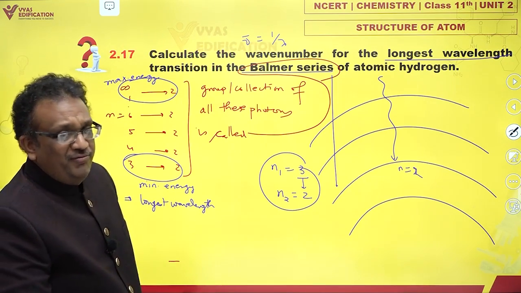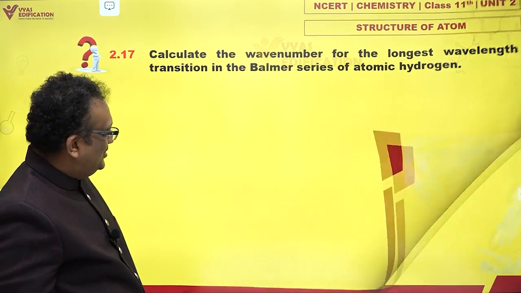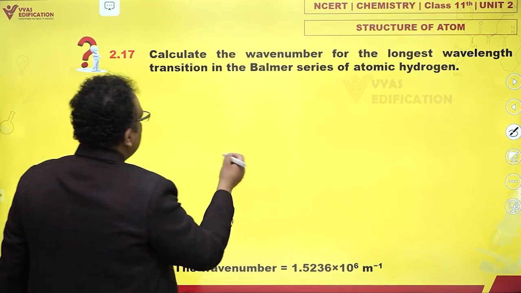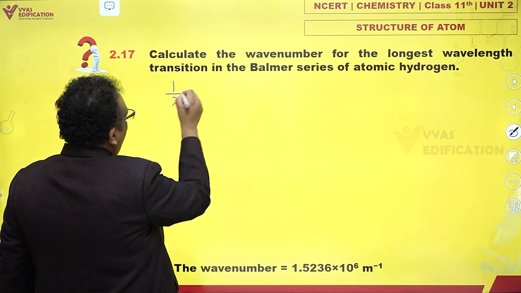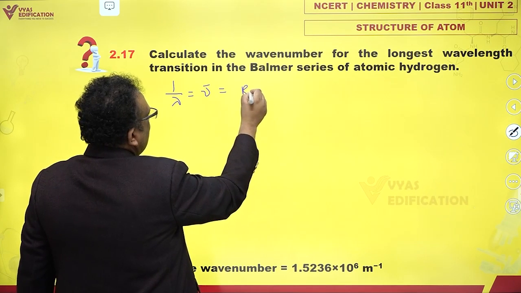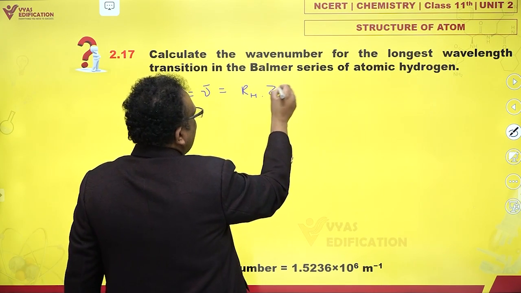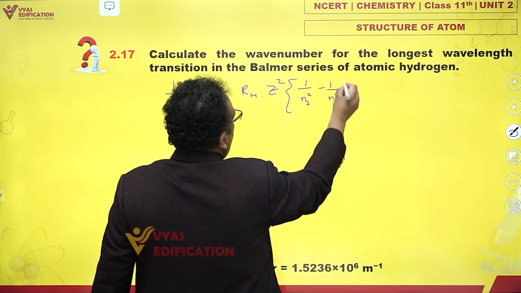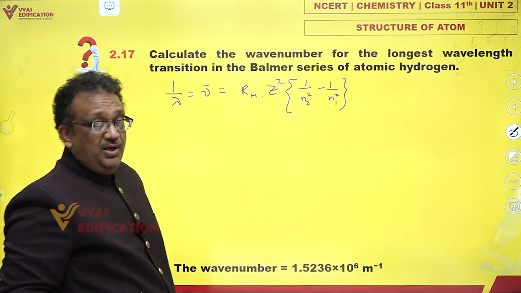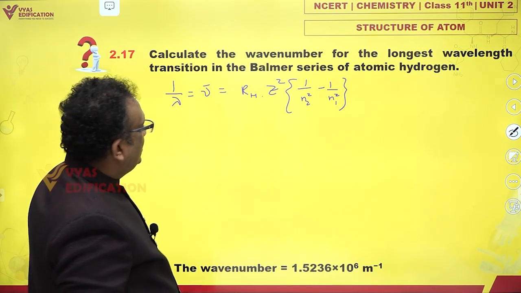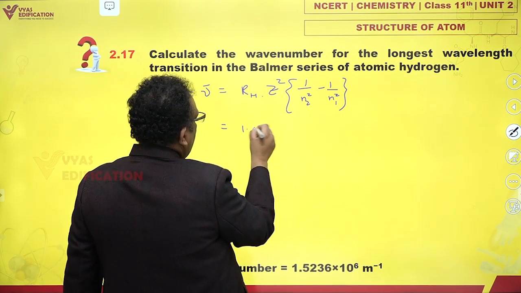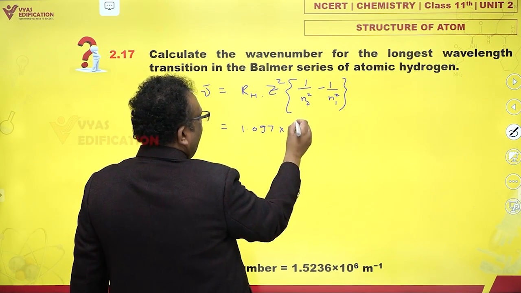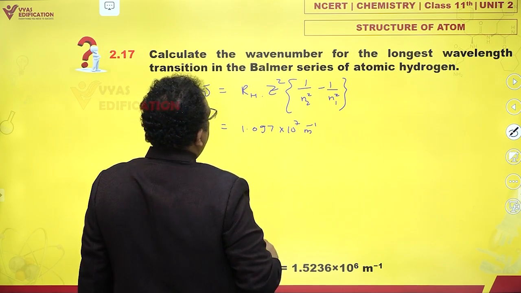We are supposed to find out the wave number. Let's do that. We'll need more space. So I'll just say 1 by lambda, which is wave number also, which is RH, Rydberg's formula I'm using, 1 upon n2 square minus 1 upon n1 square. Okay, so Rydberg's constant 1.097 into 10 raised to 7 per meter.